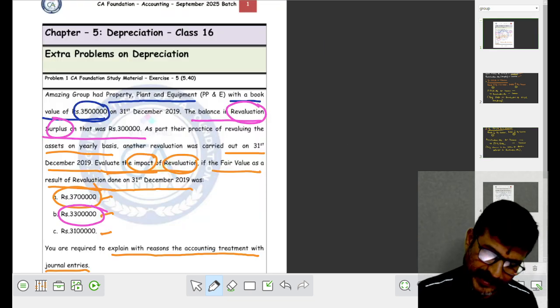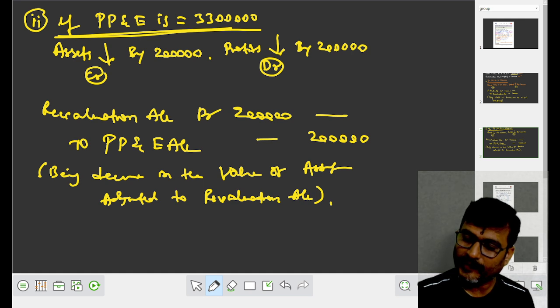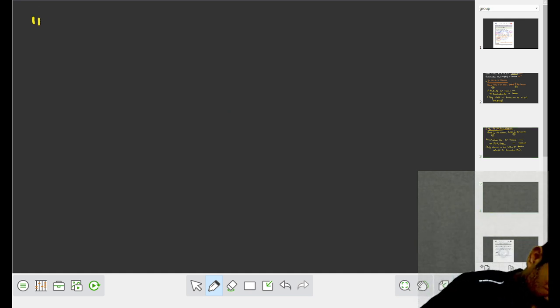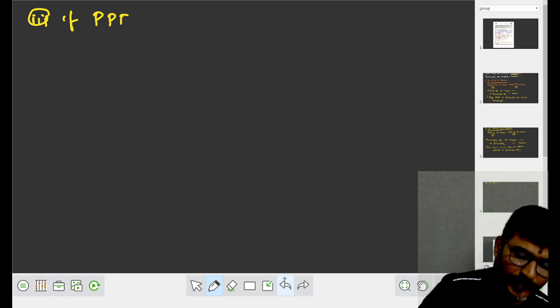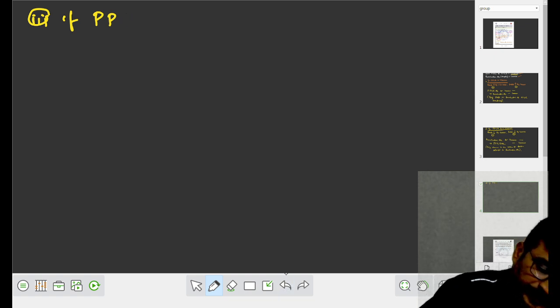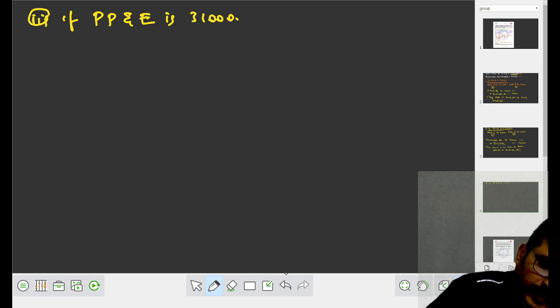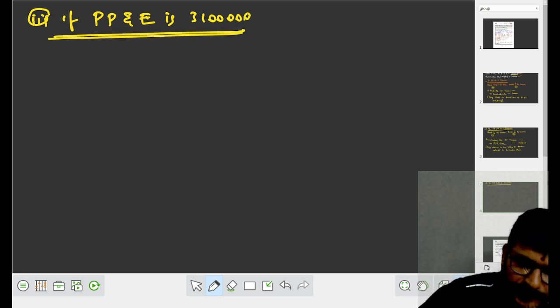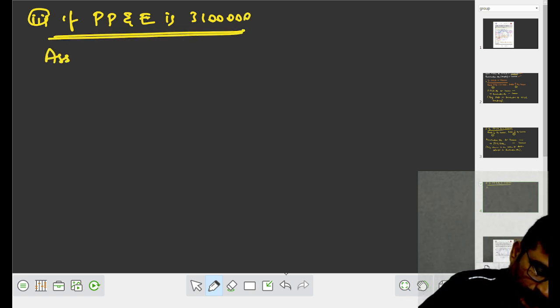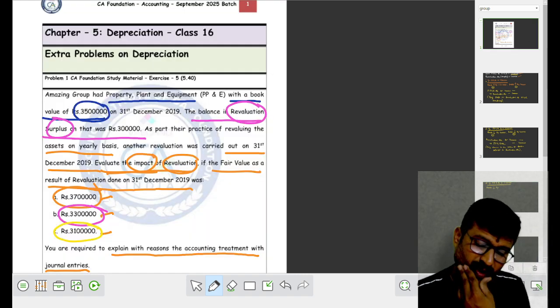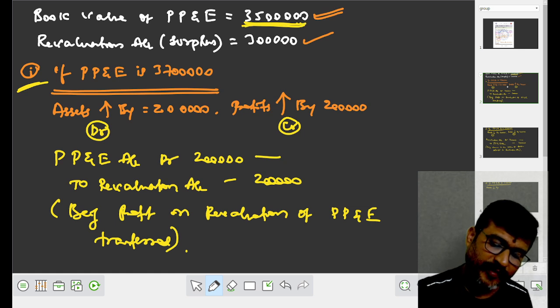What about point C? In point C, if it is 31 lakh. If property, plant and equipment is 31 lakh, what happened? Assets decreased by how much? See, your assets are 35 lakhs.